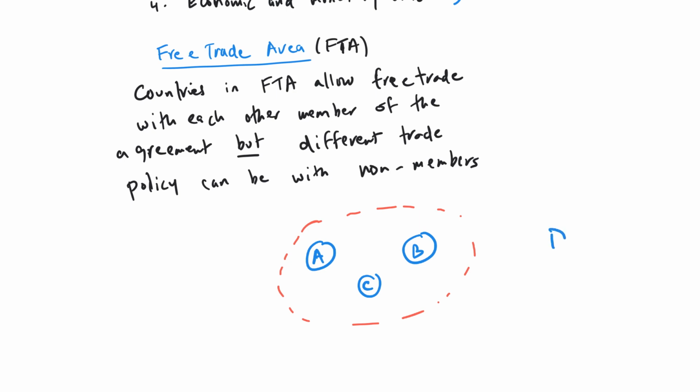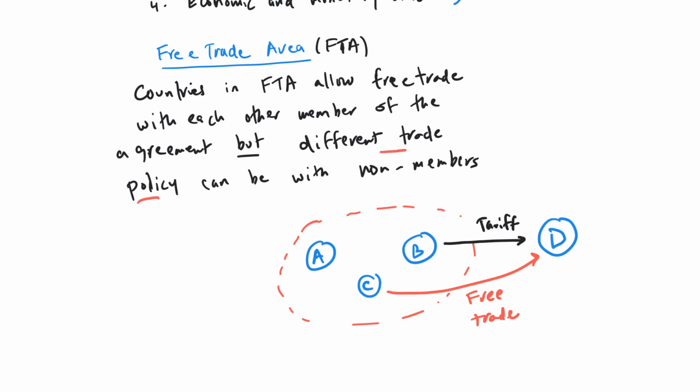But let's say there's a country D. If D is a non-member, you could have B put a tariff on D, while C may say, you know what, I still have free trade. So you could have a different external trade policy. Your external trade policies don't need to be the same.